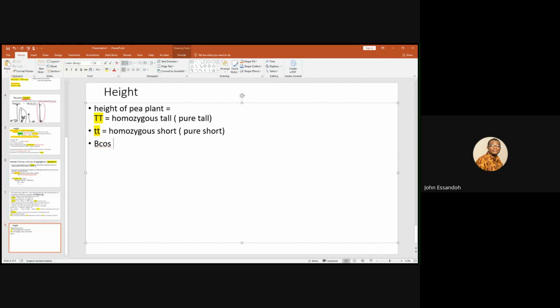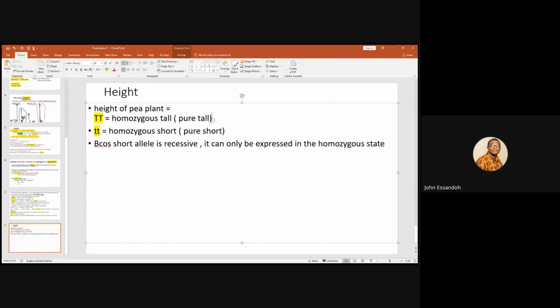Because the short allele is recessive, what it means here is that it can only be expressed in the homozygous state.